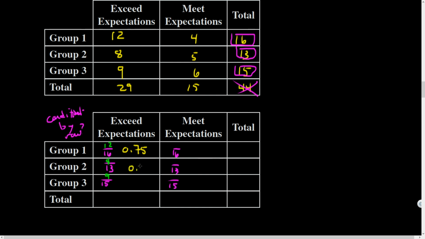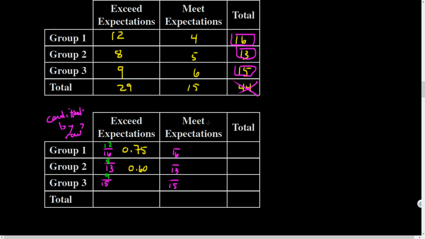Group 2, 8 thirteenths. Did I get this right? 8 thirteenths? Did I do that right? 8 thirteenths. And then 9 fifteenths.